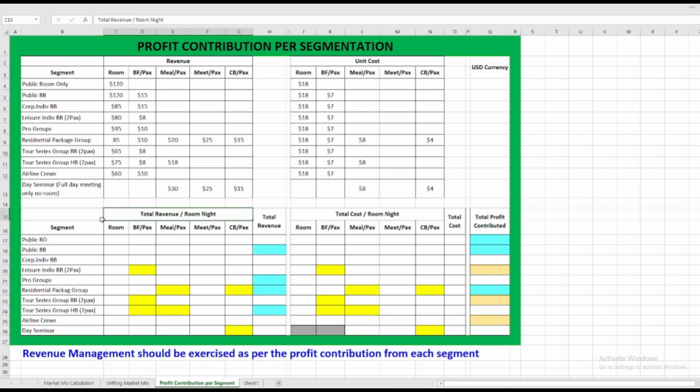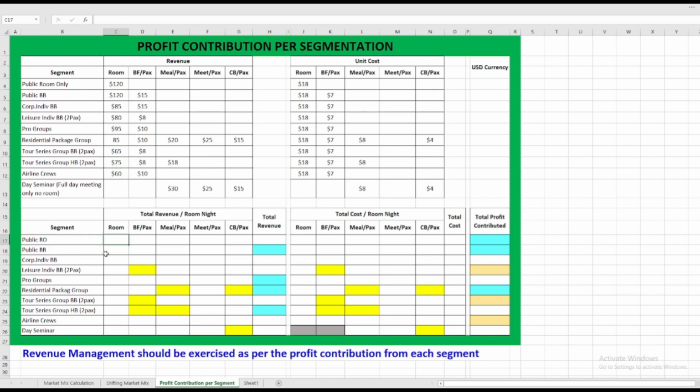To see more detail, it is the same segmentation: public room only, public bed and breakfast, corporate bed and breakfast, leisure individual, professional group, residential package group, tertiary group bed and breakfast for 2 persons, tertiary group half board for 2 persons, air crew and day seminar. Okay, let's start. Here is the room rate per room per night.